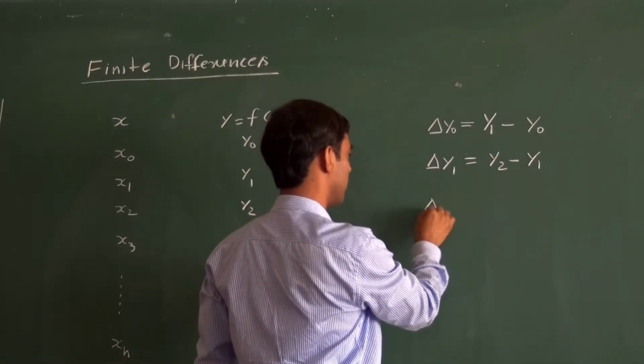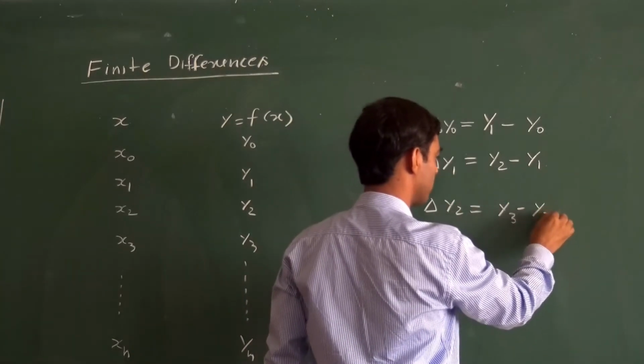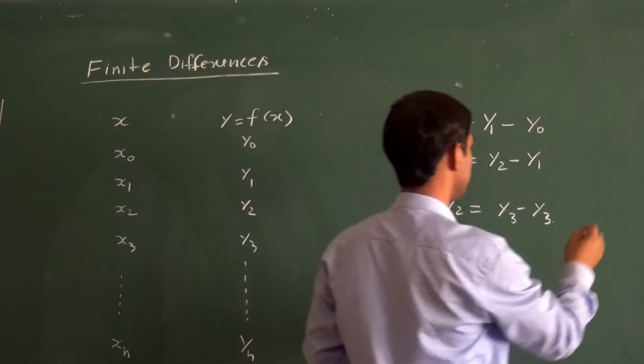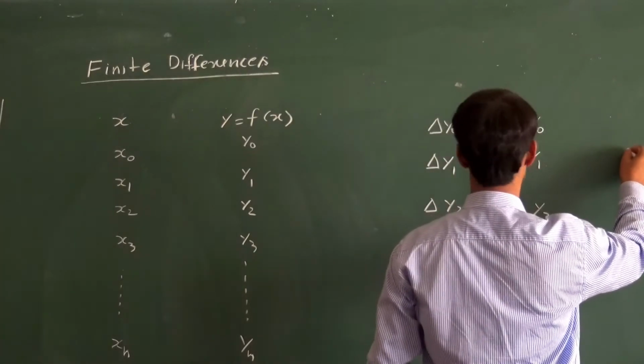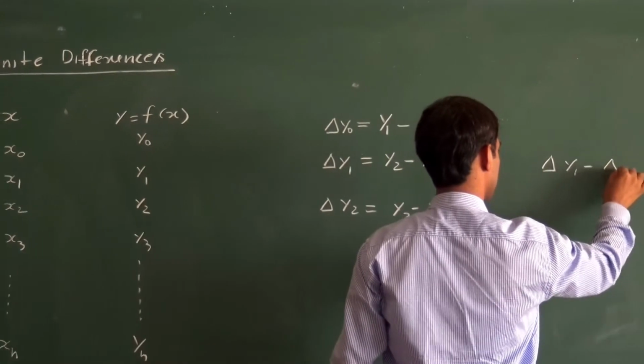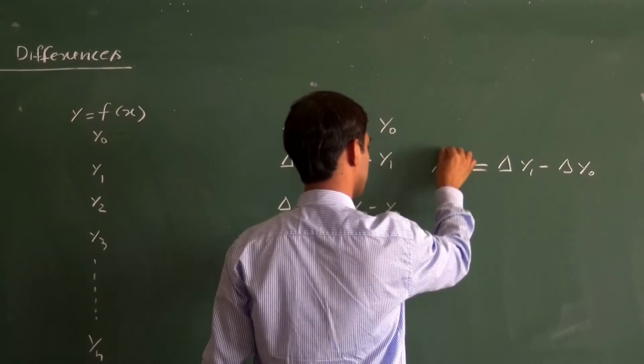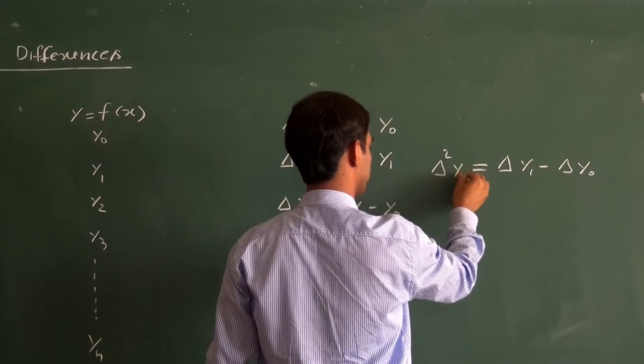So here del y2 is y3 minus y2. Similarly, if we find the difference del y1 minus del y0, this is the second order difference.